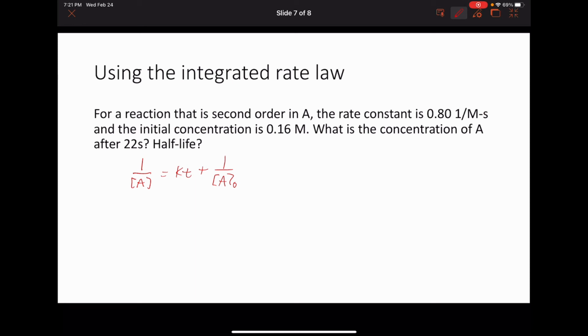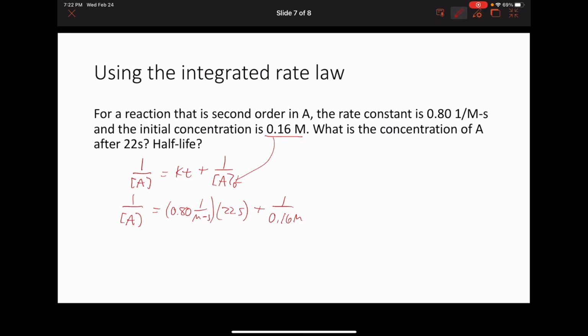So what we want to do is solve for 1 over [A] equals, now k is 0.80, and that's 1 over molar seconds. t is 22 seconds, plus 1 over 0.16 molar, because our initial concentration is 0.16. We plug that straight in. It doesn't go in as 0.16.